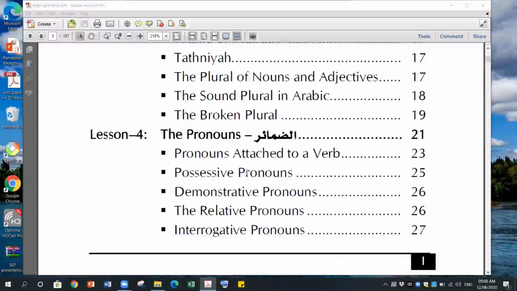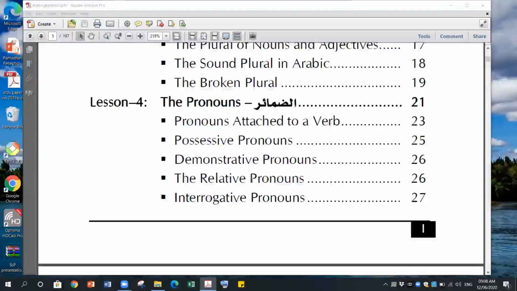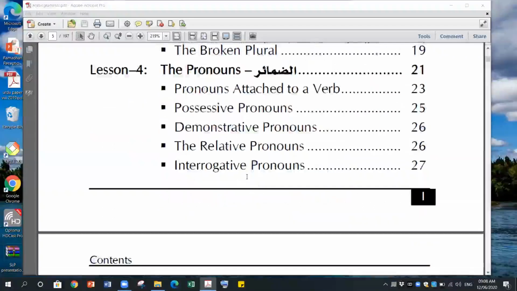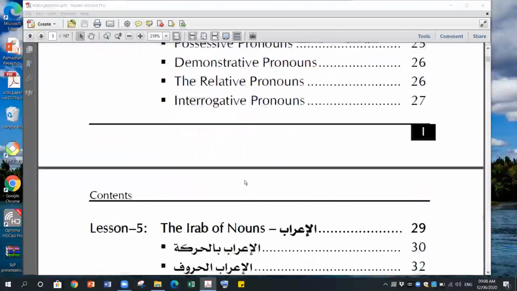They are attached to verbs, and then they are attached to nouns also, and the meanings will be different. And then we saw demonstrative pronoun, relative pronoun, interrogative pronoun. Interrogative, I think we didn't go through. Those are used to ask questions, on page number 27. It will be very easy, you can go through by yourself.